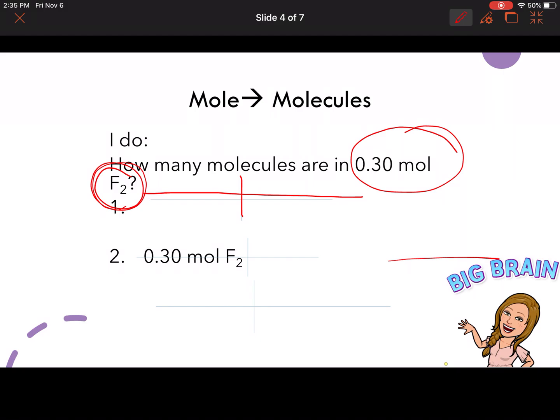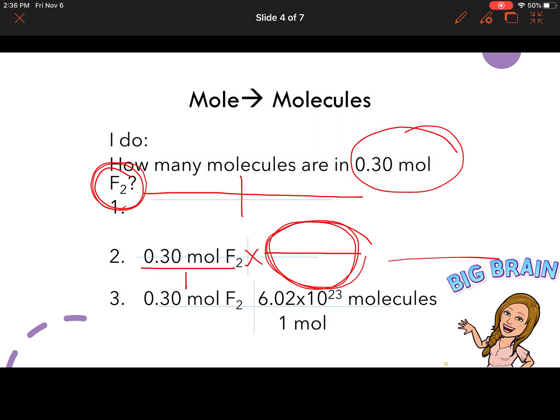Alternately, if you are not a picket fence person, you can say times and draw a line, okay? And then you can put your conversion on this next line. If you do that, you want to always remember to put your given over 1, okay? So 0.3 moles of the fluoride molecule times 6.02 times 10 to the 23rd molecules is a mole, right?